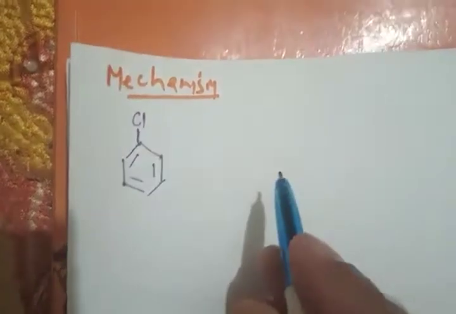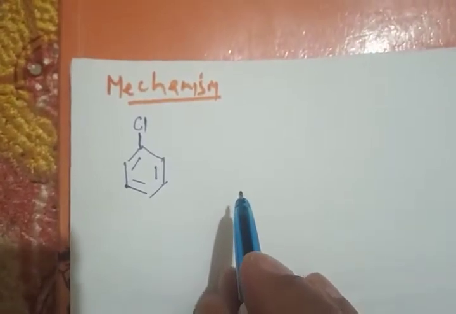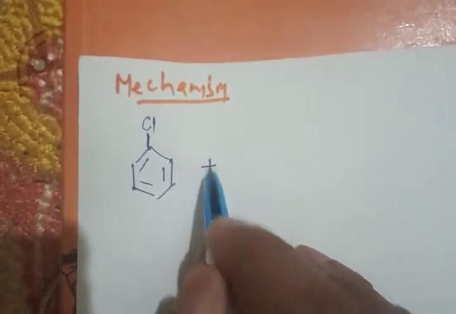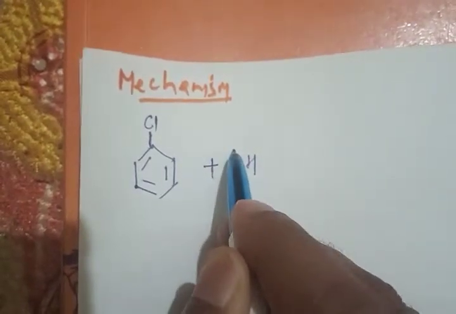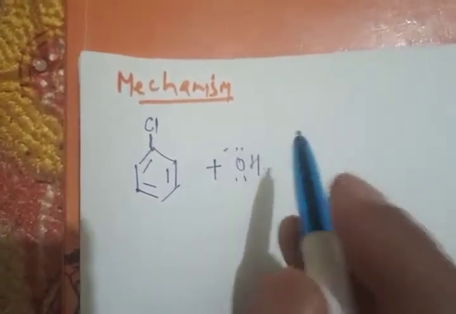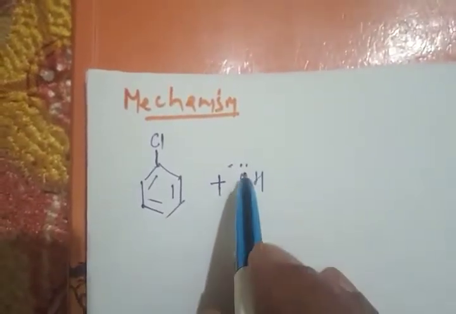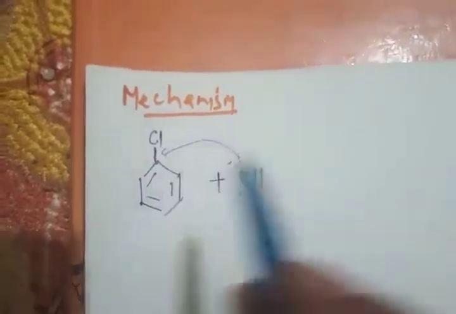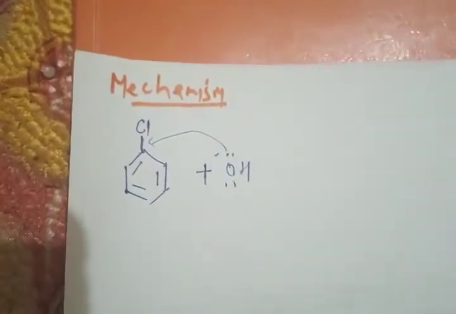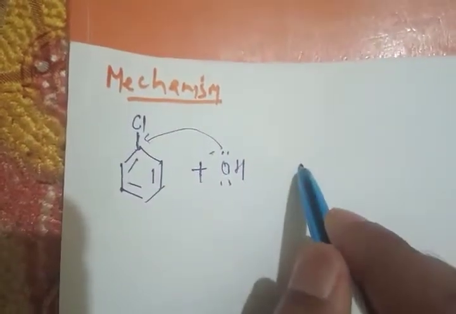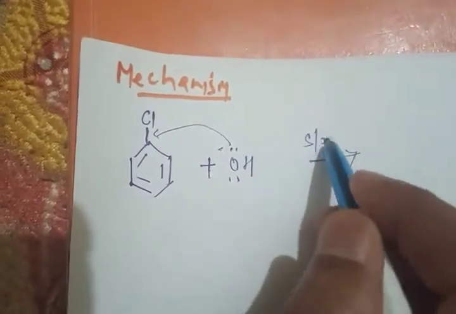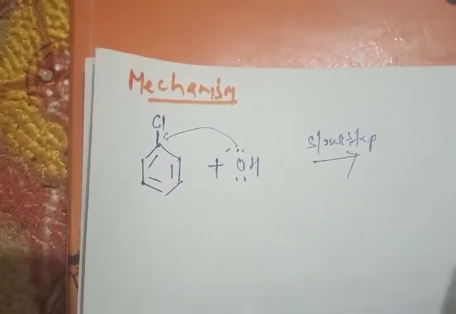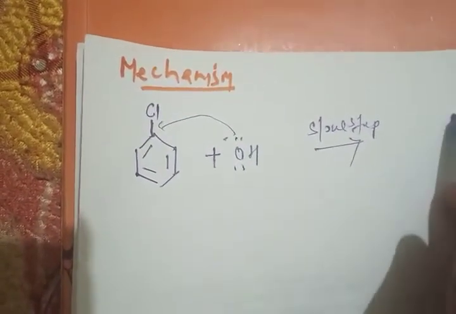And then we have a nucleophile, OH negative, this is a negative charge. Now this will certainly attack here, and this is a slow step.